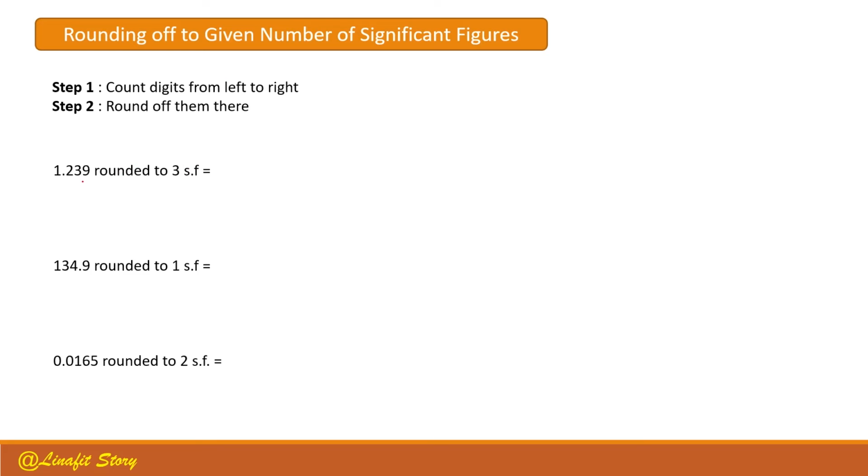So first, this number rounded to 3 significant digits is 1.24. Why 4? Look. After 3 is 9. So round up. 3 plus 1 is 4.